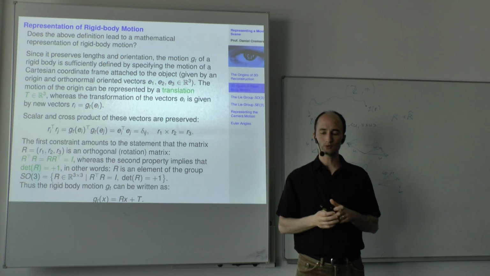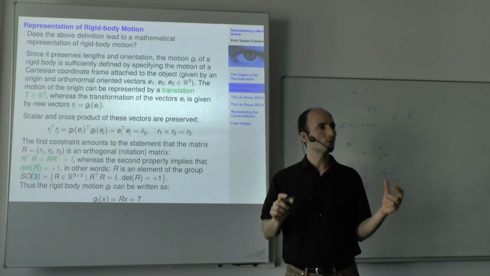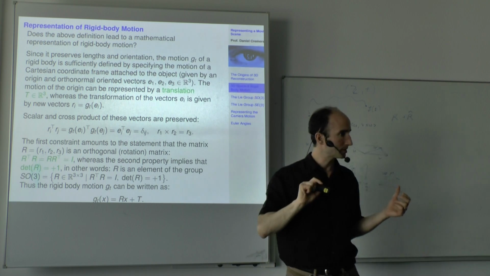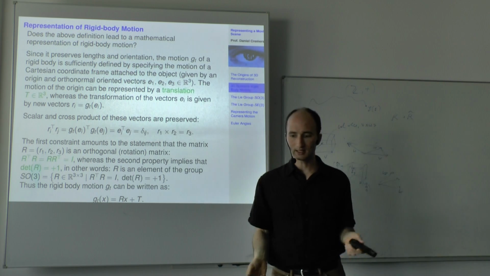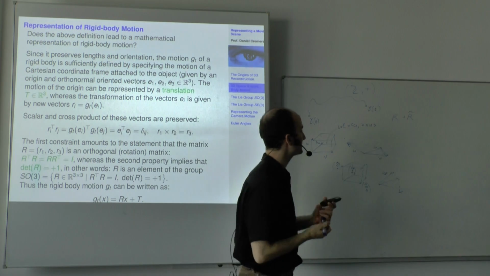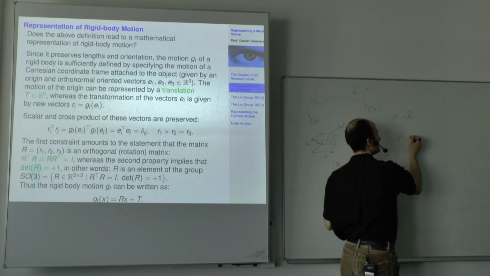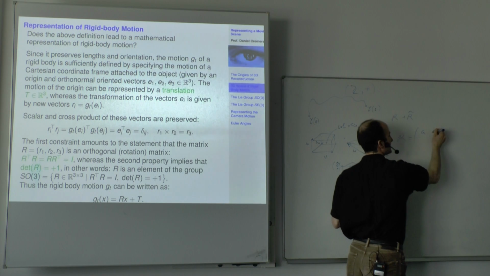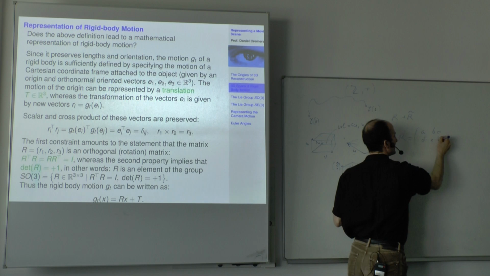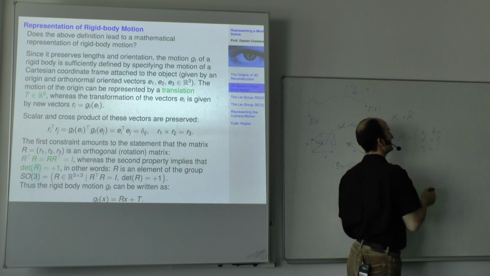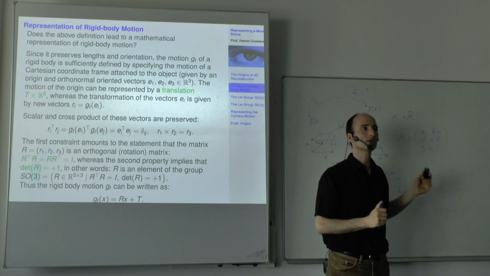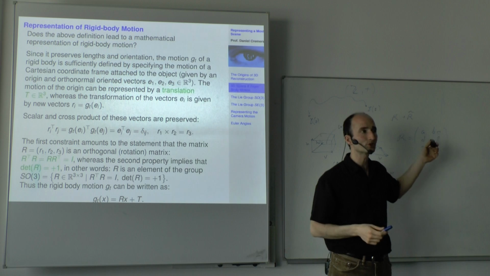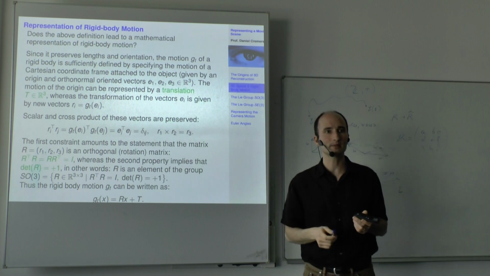Why is that important? Well, let's say you have images and you want to estimate how did my camera move? How did it rotate? Then you have to say, well, let's define a rotation matrix. So that is a 3 by 3 matrix that in principle has elements A, B, C, D, E, F, G, H, I, let's say. 9 elements. But I cannot choose them freely because most choices will not give you a rotation matrix.